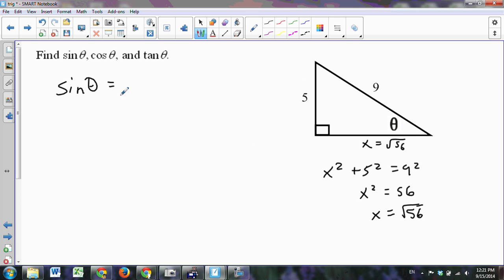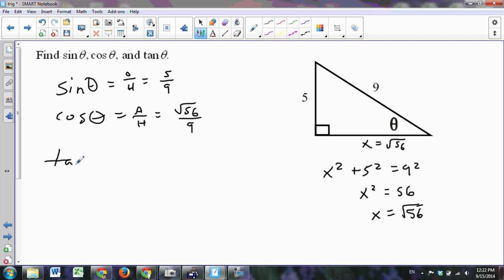So the sine of theta is the opposite side, which is 5, divided by the hypotenuse. Opposite over hypotenuse. That's 5/9. The cosine of theta, that's adjacent over the hypotenuse. That's the square root of 56 over 9.